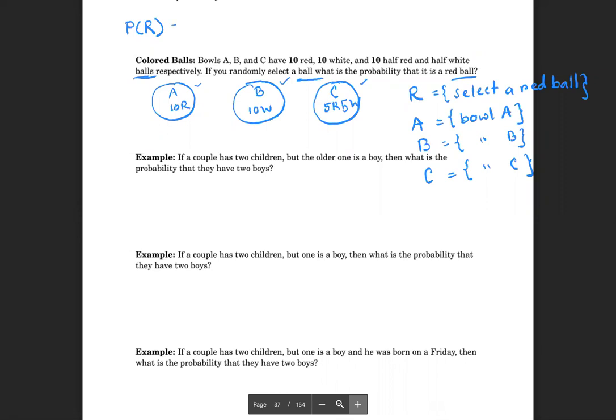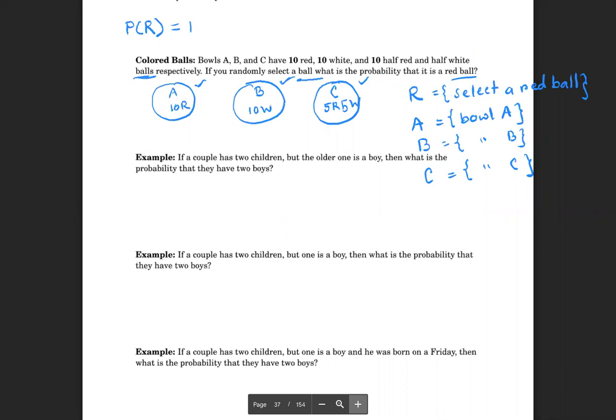Now, if you select a red ball, how could it happen? What could happen? So think of it this way. If you select a red ball, you could be selecting it from ball A or ball B or ball C, one of these three balls, right?